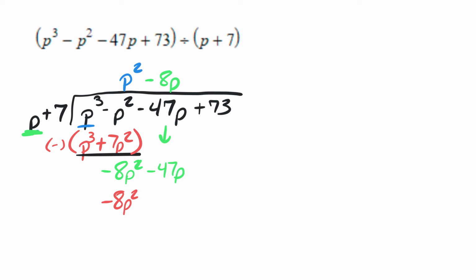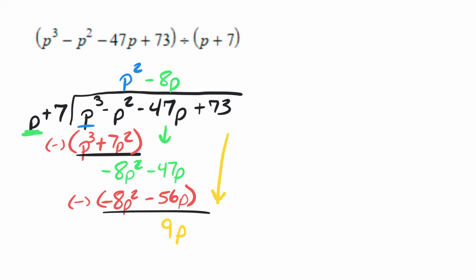And we go negative 8 times positive 7. Negative 56p, right? This is understood subtraction. If the parentheses help you, use them. The p's have got to go away. This ends up being 9p.